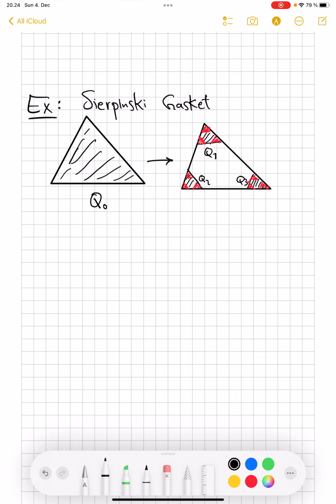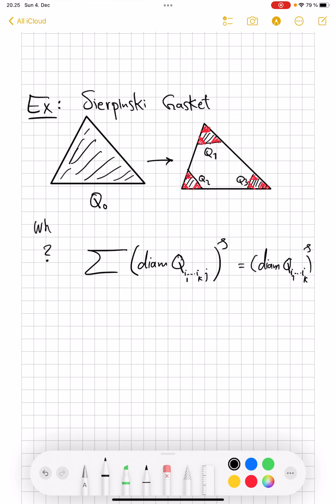Okay, the main two conditions to check. Do we have the condition that the summation of the diameters of the babies, I1 through ik j, to the power s, equals the diameter of the parent itself to the power s?